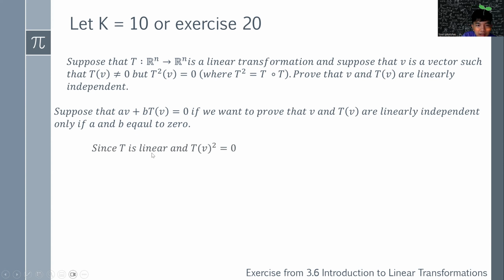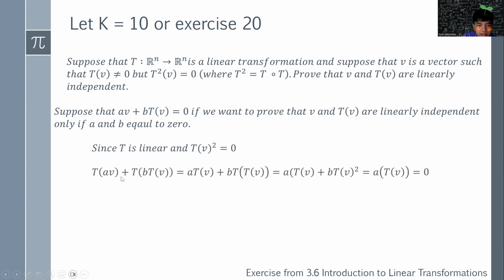Since T is linear and T^2(v) equals 0, I can apply the transformation to both sides.